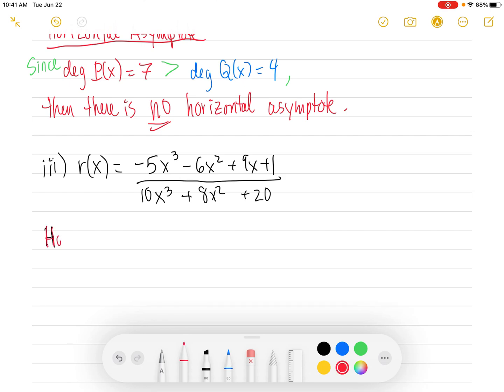And we want to look into the horizontal asymptote. Let's see if there is one. And if there is one, let's try to find it.